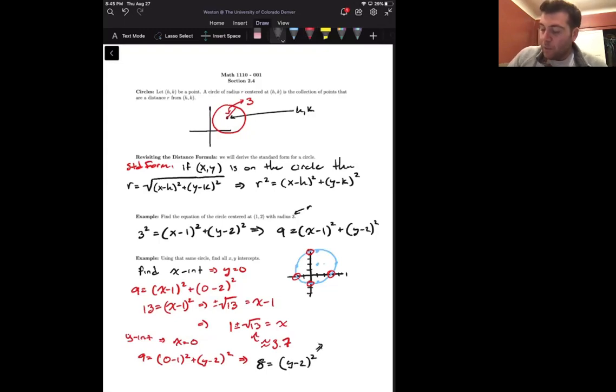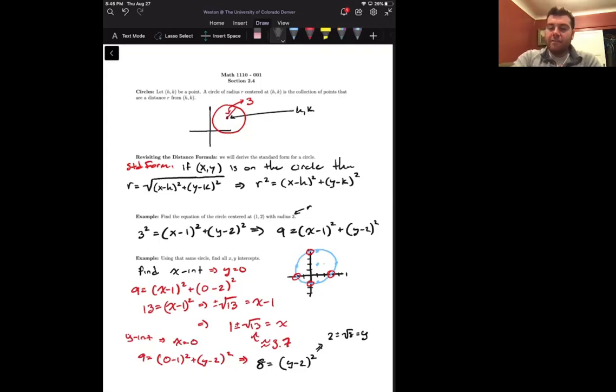My work's getting really messy. I apologize. And that will turn into 2 plus or minus the square root of 8 equals y. I skipped some steps in this computation, so please fill in the details.